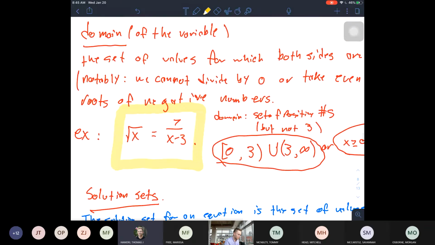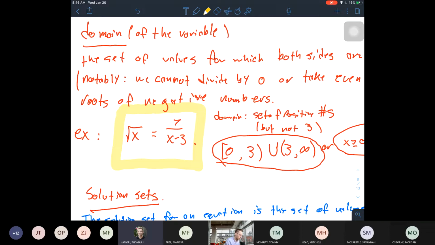When we talk about the domain of a variable, what we're talking about is what are the acceptable values which we could plug in potentially for x. We're not necessarily talking about values which are going to make the equation true per se.